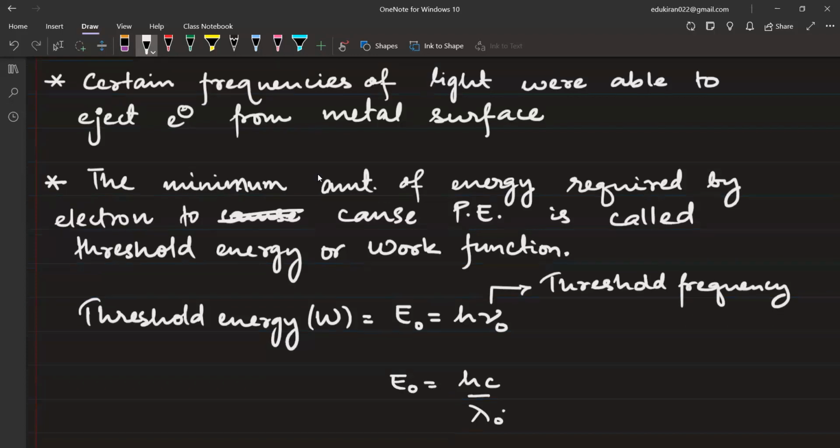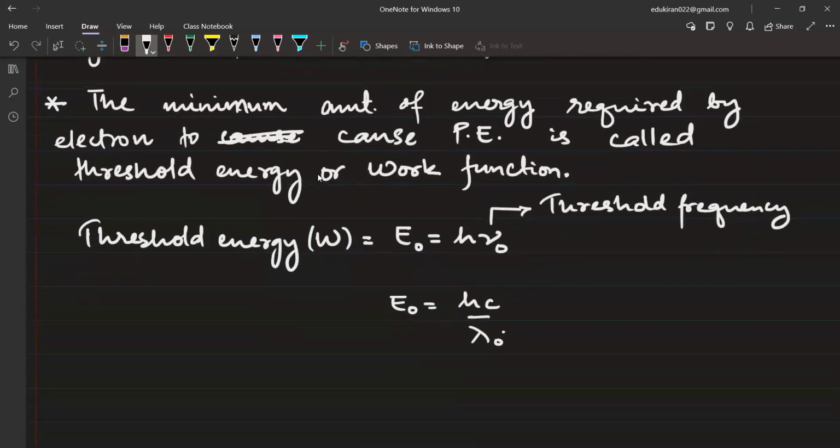That means this lambda naught is the threshold wavelength.